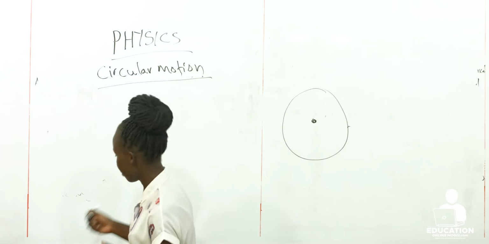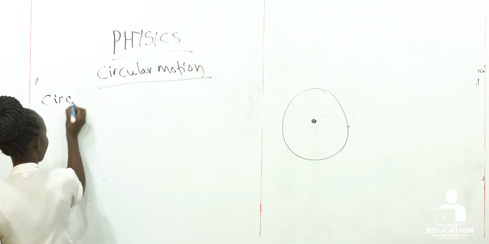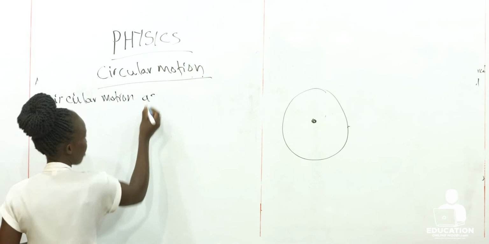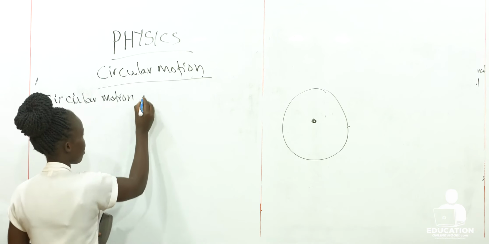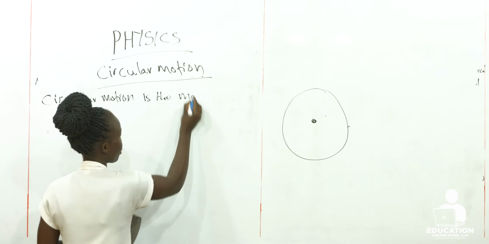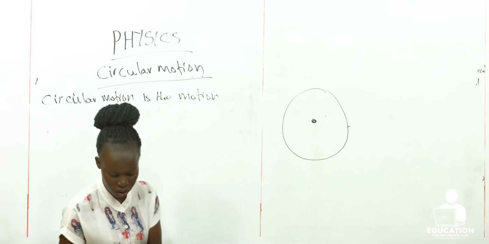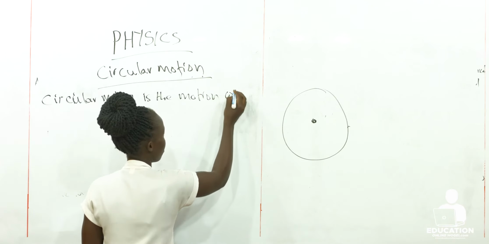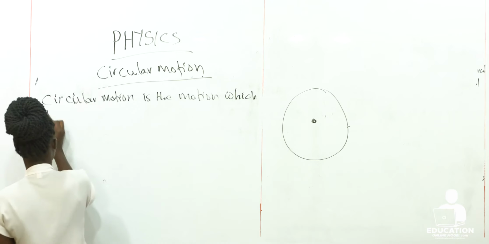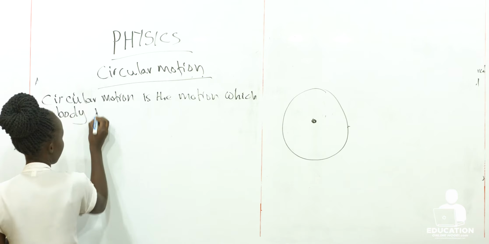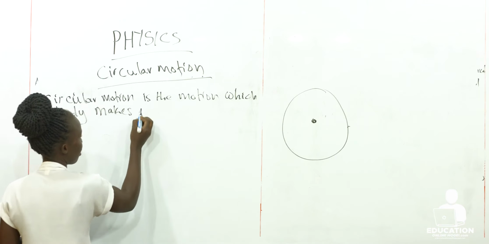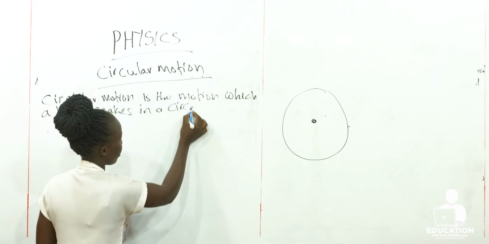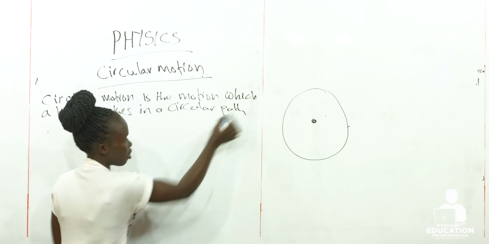So we can say that circular motion is the motion which a body makes in a circular path.